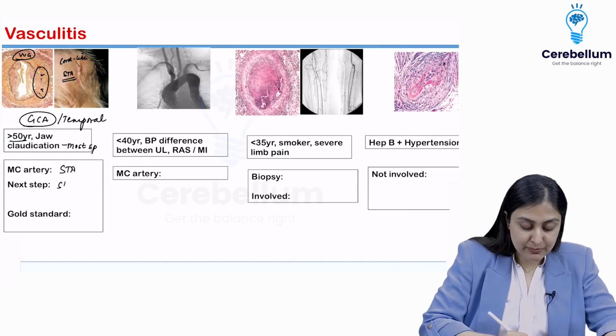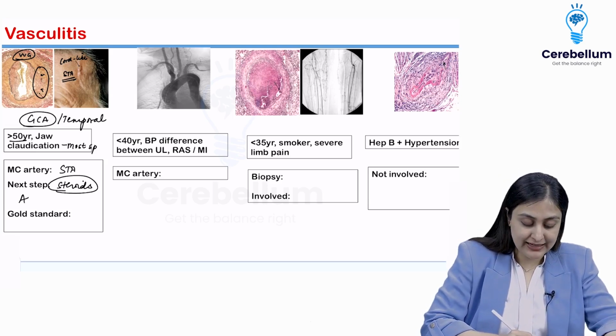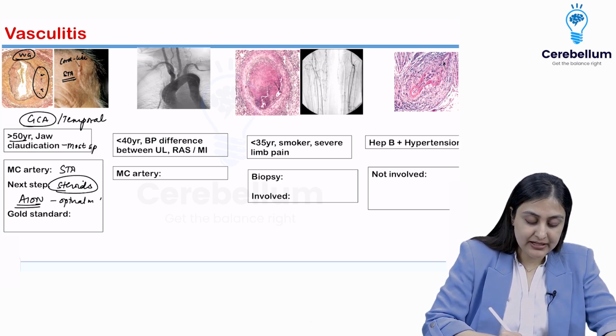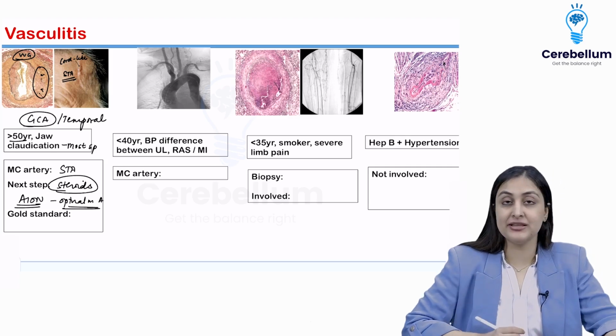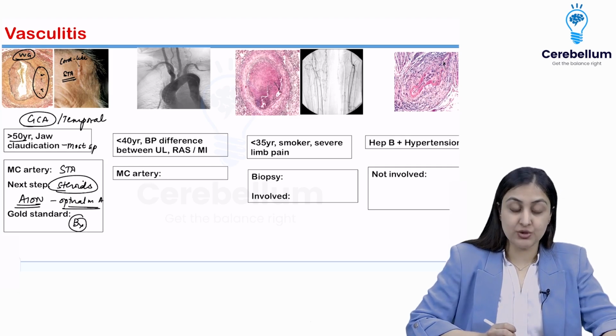The next step would be to start steroids. Start steroids immediately because there is impending risk of AION, blindness by the involvement of ophthalmic artery. You don't want that. While you send the patient for biopsy, which is the gold standard, you don't want the patient to lose vision.